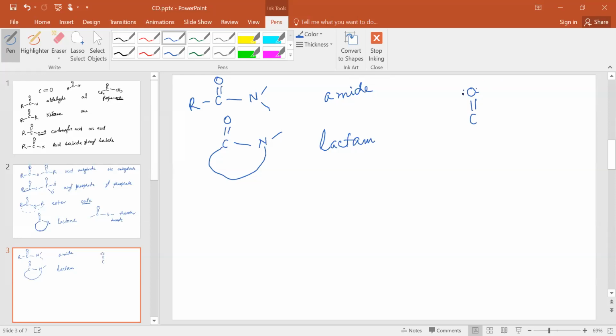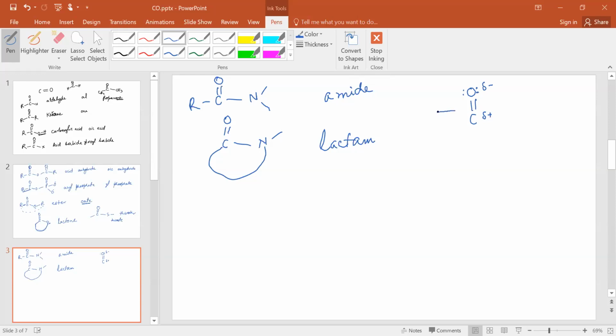Oxygen has two lone pairs of electrons, and oxygen is electronegative, so it withdraws the electron pair and will have delta negative, and the carbon will get delta positive. It's very basic but very important to understand.